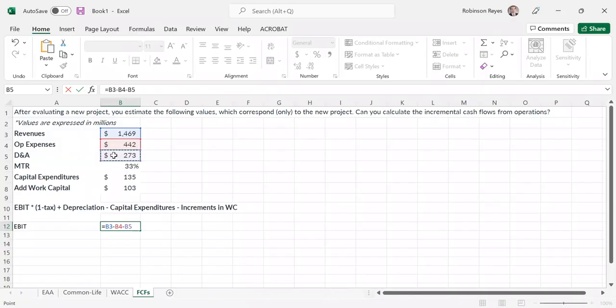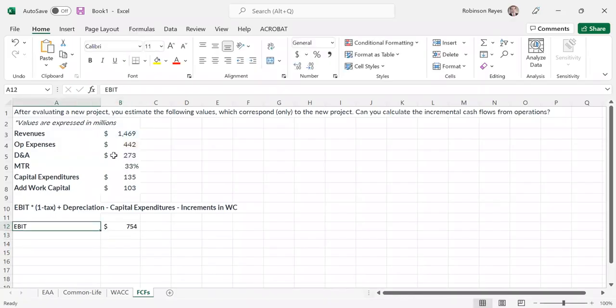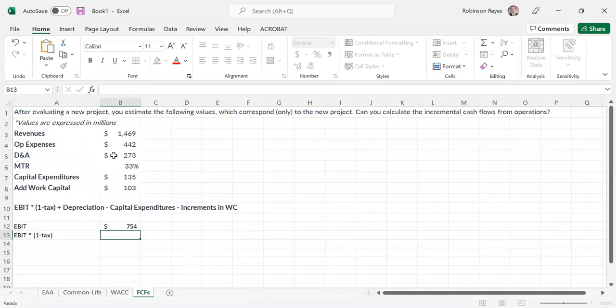Well, because the next step is EBIT multiplied by 1 minus the tax rate. So we need to subtract the depreciation expense so that we are reducing the correct amount, so we are calculating the correct amount of taxes, right?